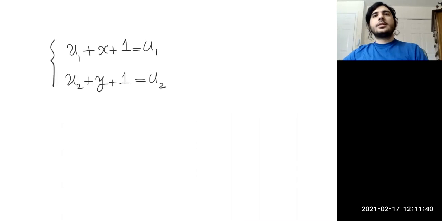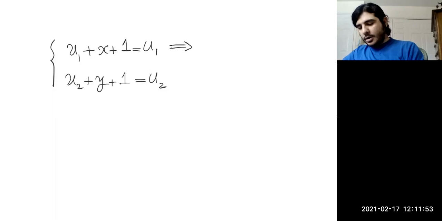Actually, these equations really tell us what this vector O is. Because in the first equation, we can cancel U1 from both sides. Therefore, X plus 1 should be 0, which means X is equal to minus 1.